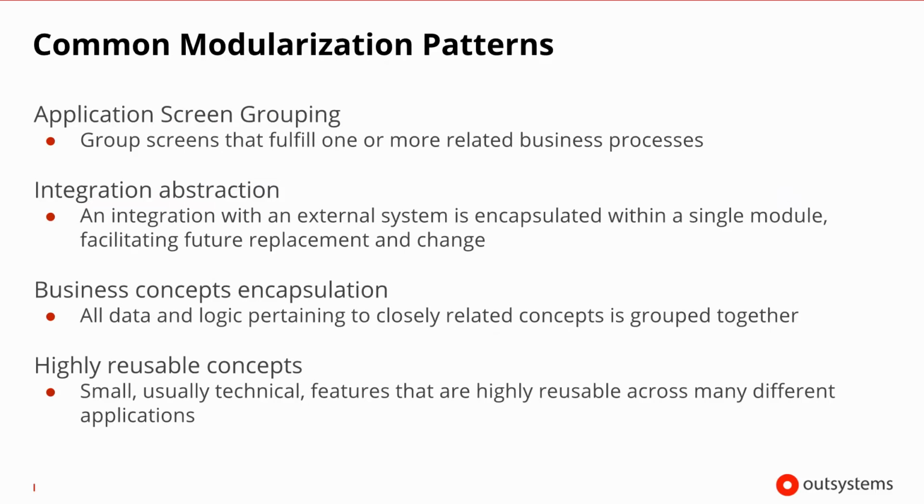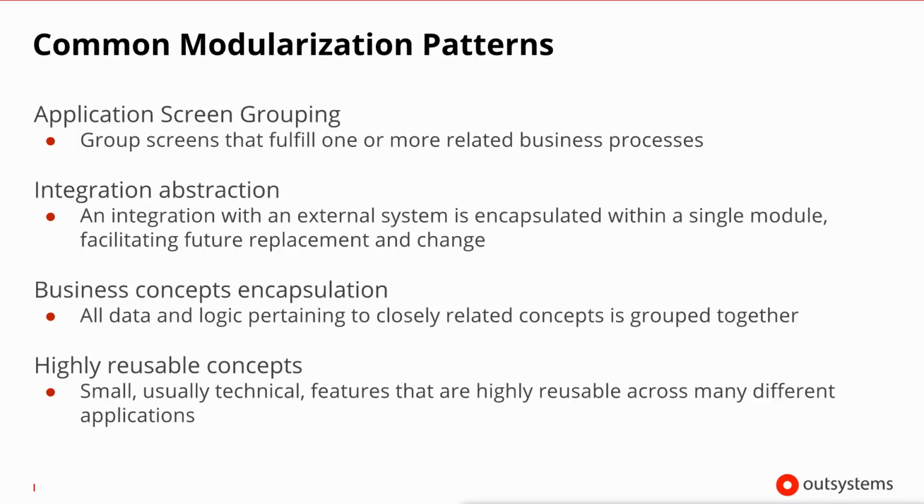So what are some of the cases where modularization comes in handy? Let's look at a few patterns. One of the scenarios is to group all of the screens that together implement one particular business process. The other case is to wrap an integration with an outside system, therefore hiding away any specifics of the runtime of that external system.